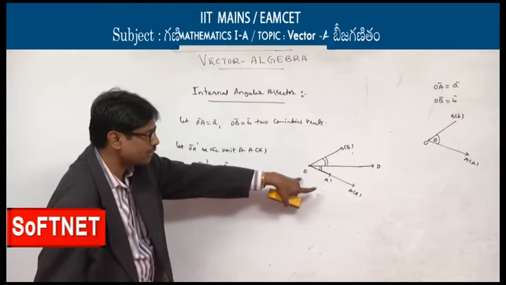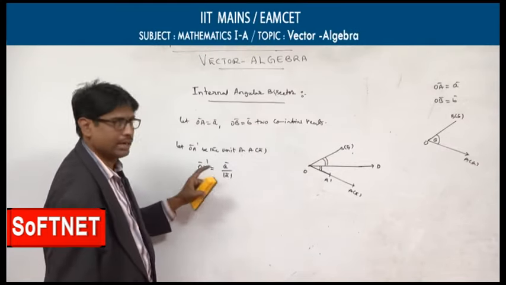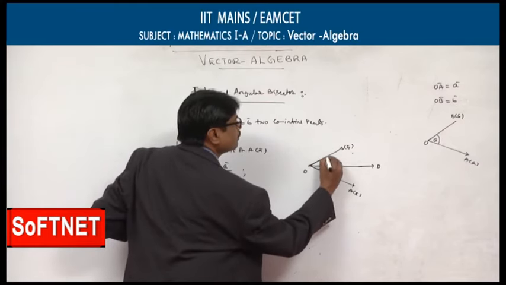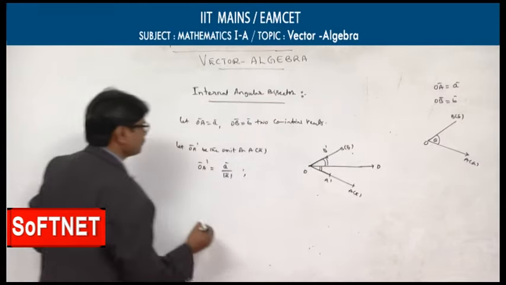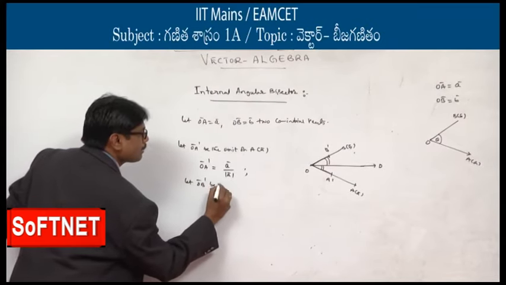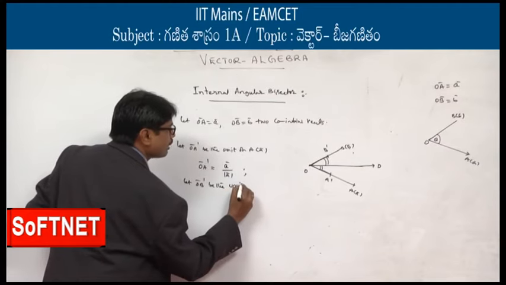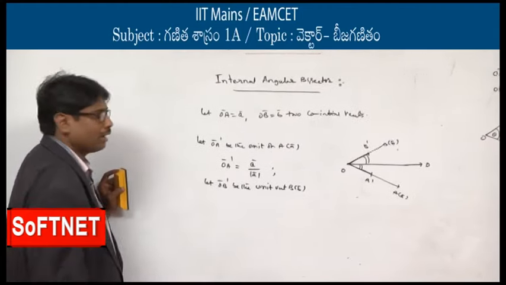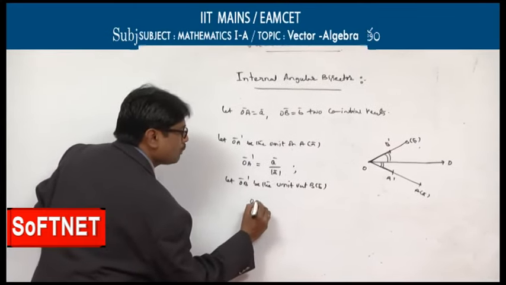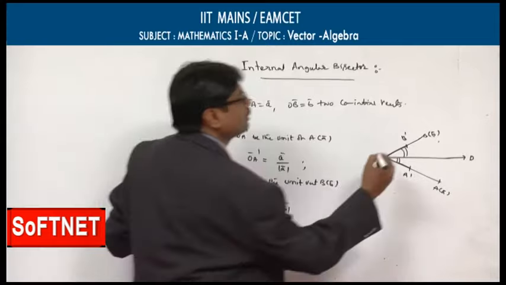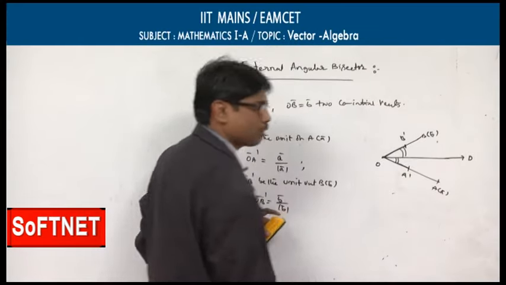I took the unit vector of A bar, called OA dash, and the unit vector of B bar, OB dash. Let OB dash be the unit vector of B bar. According to the unit vector formula, OB dash is equal to B bar divided by mod of B bar.